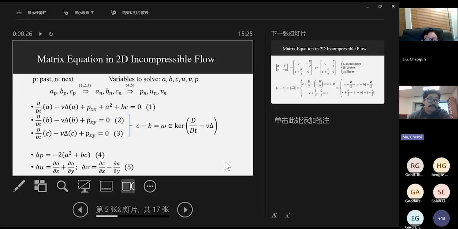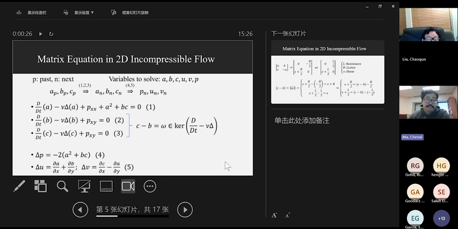D over dt of B minus nu Laplace of B plus Pxy equals 0. D over dt of C minus nu Laplace of C plus Pxy equals 0. Here we can notice that the second and the third equations are identical for B and C. That is because C minus B is the vorticity, which satisfies the vorticity transport equation. So d over dt of vorticity minus nu Laplace of vorticity should equal 0.